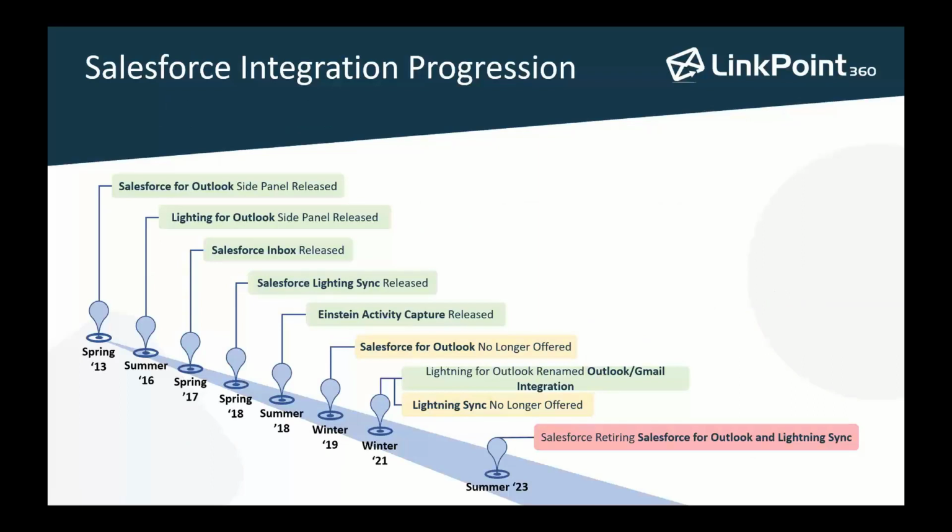Okay, so in terms of a review of the timeline over the last, let's say, 7 to 8 years, you can see here all the different tools and the changing of names that has happened. To summarize, to date there really is just one tool, which is the Outlook or Gmail integration.